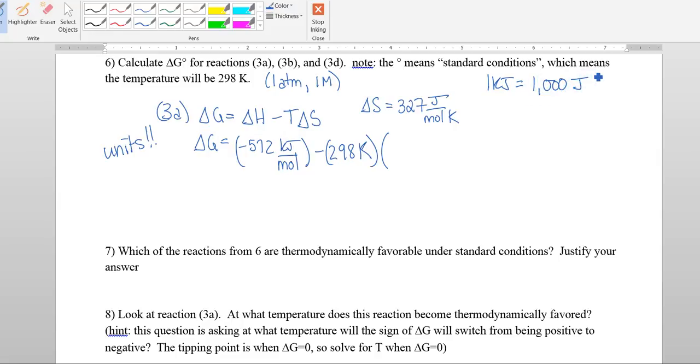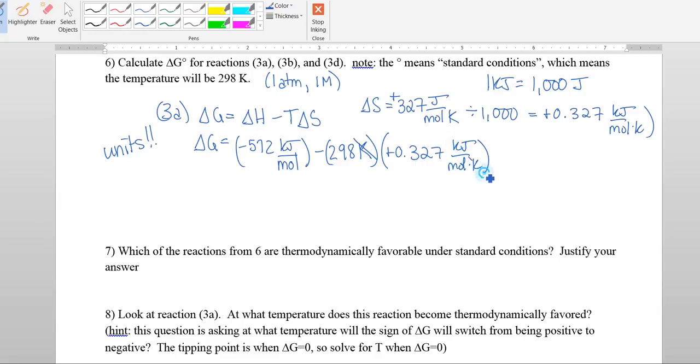That's what kilo means. So to convert joules to kilojoules, I divide by 1,000, and my S value turns into 0.327 kilojoules per mole Kelvin. So I plug this in here, 0.327 kilojoules per mole Kelvin.